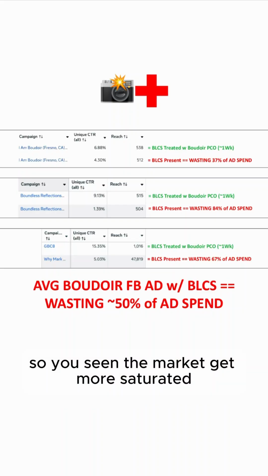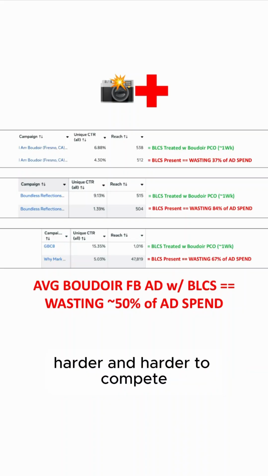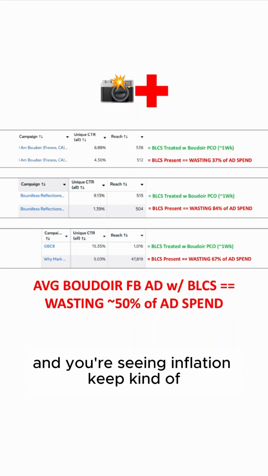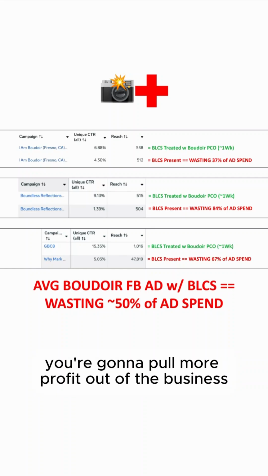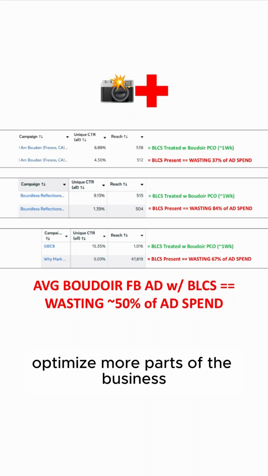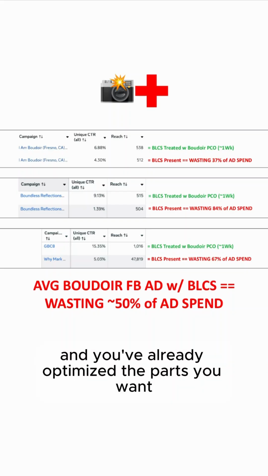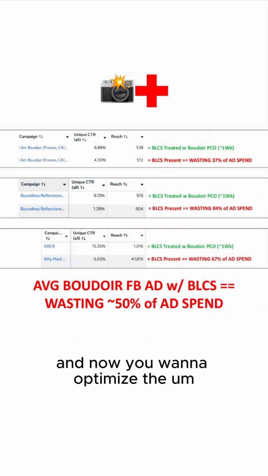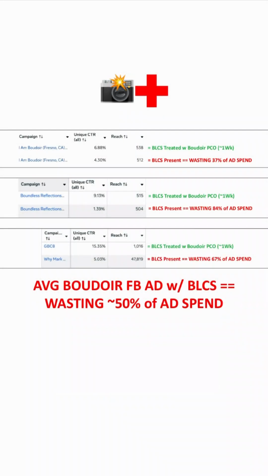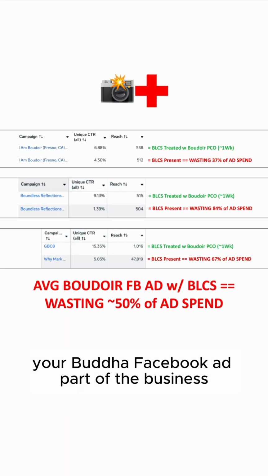So you're seeing the market get more saturated, harder and harder to compete, and you're seeing inflation keep raging around us. And you decide you're going to pull more profit out of the business, optimize more parts of the business, and you've already optimized the parts you want, and now you want to optimize your Boudoir Facebook ad part of the business.